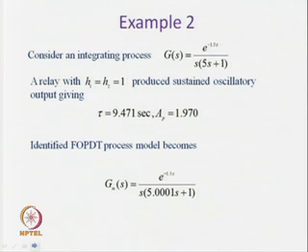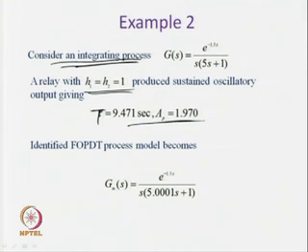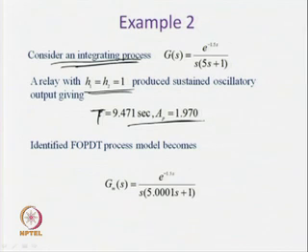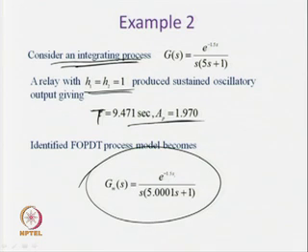Okay. Now, let us go to a second example where we consider an integrating process also. A relay with again H1 equal to H2 equal to 1 produces the parameters T equal to 9.471 seconds and AP of this much, and using the set of analytical expressions I have derived, it is possible to identify the integrating process dynamics, whose model is given by G(s) equal to e to the power minus 1.5s upon s times (5.001s plus 1).